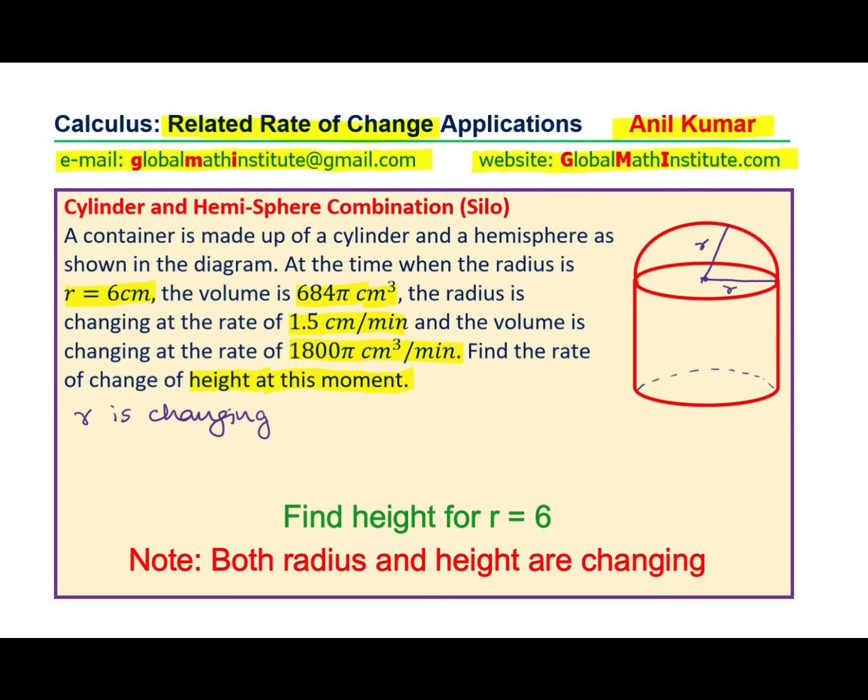Since we are given the rate of change of radius, which is dr/dt, is 1.5 centimeters per minute, we are not writing units here.